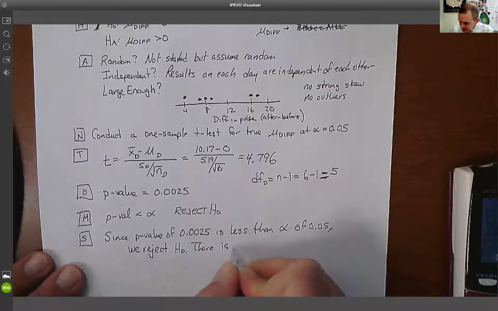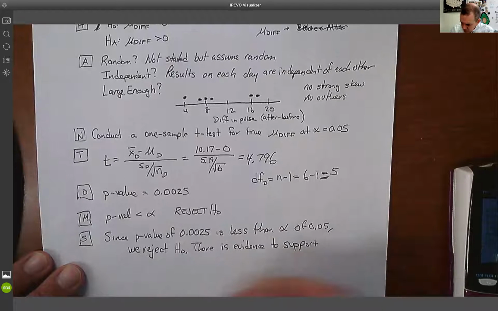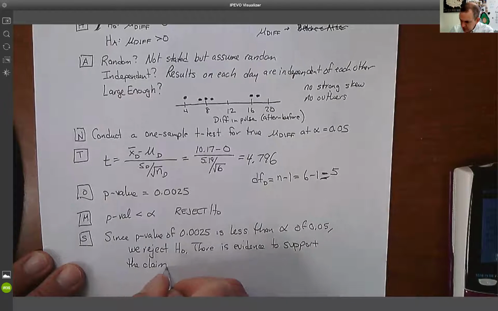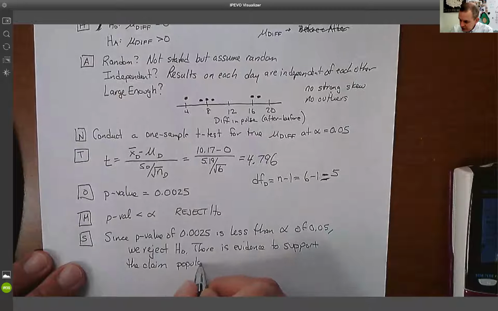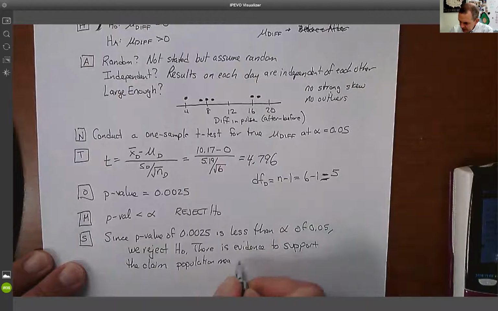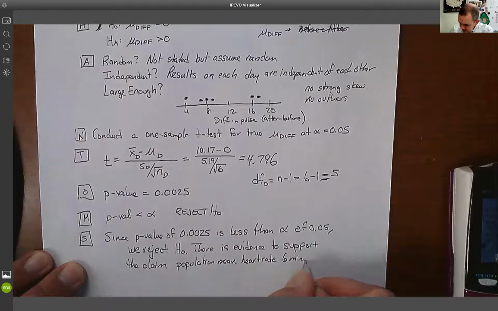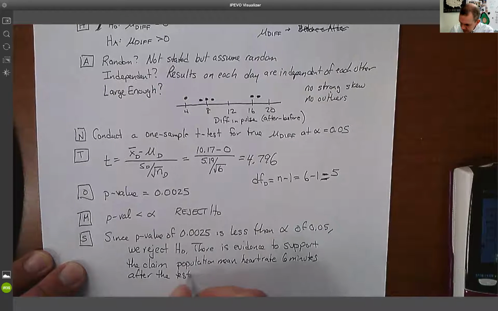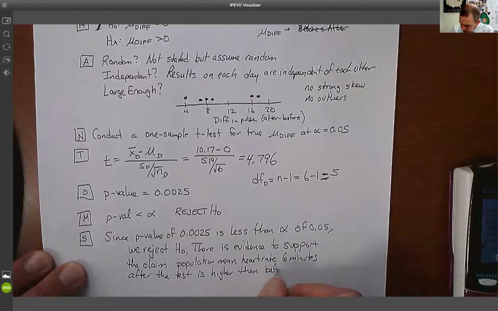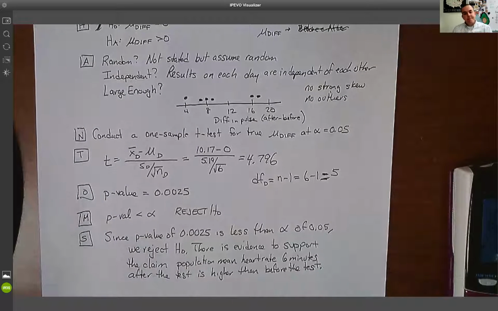There is evidence to support the claim that the population mean heart rate 6 minutes after the test is higher than before the test. So basically what we just proved is that running on the treadmill increases your heart rate.